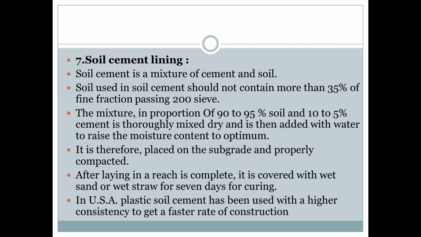The soil used in the soil cement should not contain more than 35% of the fine fraction passing through the 200 mesh sieve. So the soil particles which are passing through the 200 sieve are used, and that should not be more than 35%.